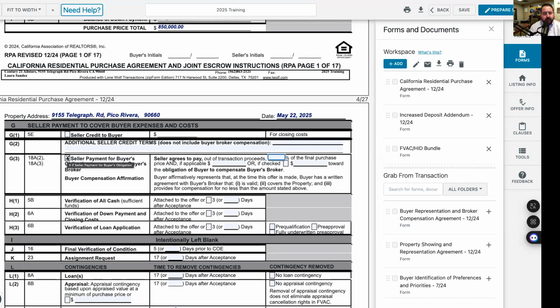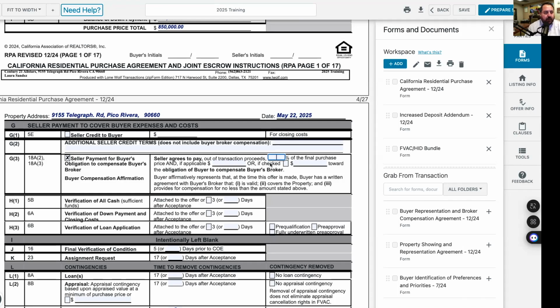That's the first thing. Secondly, the amount of compensation that goes into this section on the RPA, paragraph 3G3, cannot exceed the amount of compensation that you have agreed upon with your buyer in the buyer representation and broker compensation agreement. Okay. I'll repeat it again.